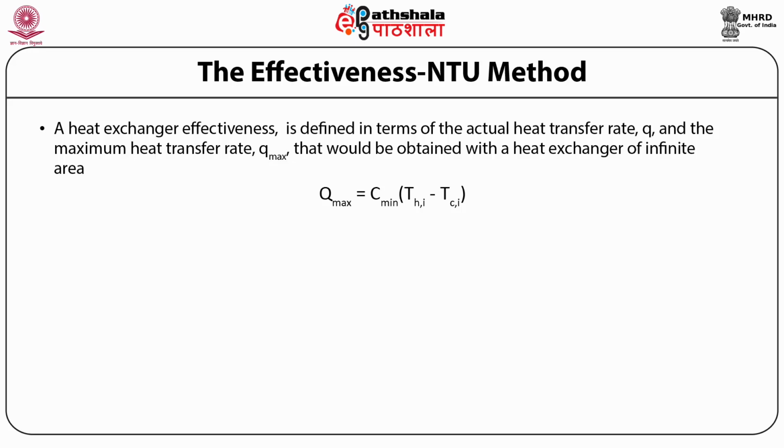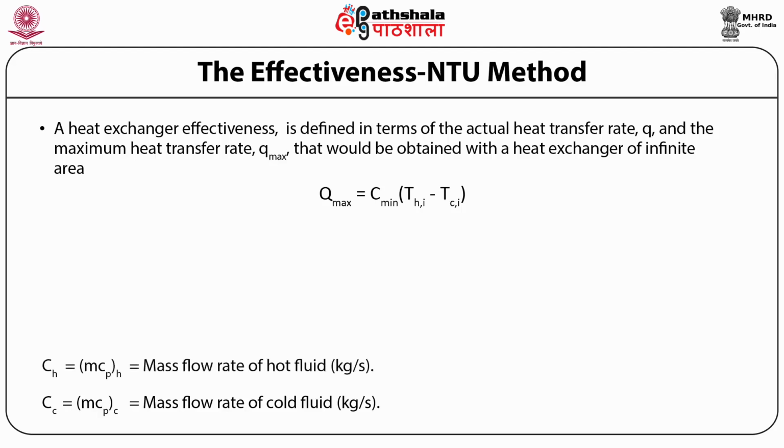Case 1, cold fluid is the minimum fluid, that is Cc is less than Ch. Cc is the mass flow rate of cold fluid times the specific heat of the cold fluid. Ch is the mass flow rate of hot fluid times the specific heat of the hot fluid.